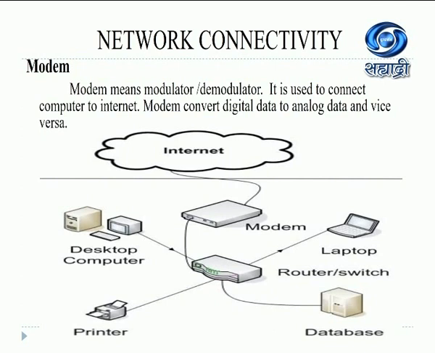It converts digital data to analog data and vice versa. From the cloud, it is taking digital data, and with the help of routers and itself, it is converting it to analog signals, which are directly passed to the related laptops, printers, or devices attached with the help of the modem.